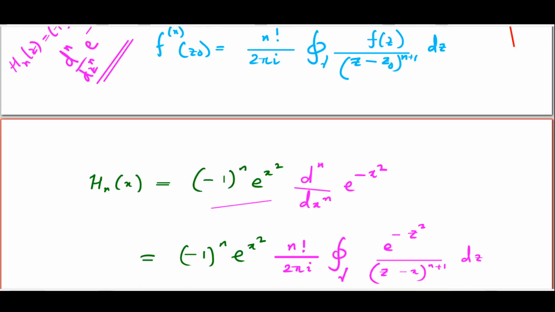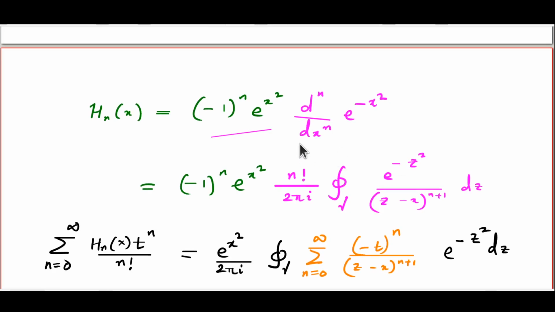So what I'm going to do is replace the nth derivative of e to the minus x square, using the Cauchy integral formula, by a contour integral. Of course, this contour integral is being done over a circle of radius r centered at the point z equal to x. Now, what is the radius of this circle?